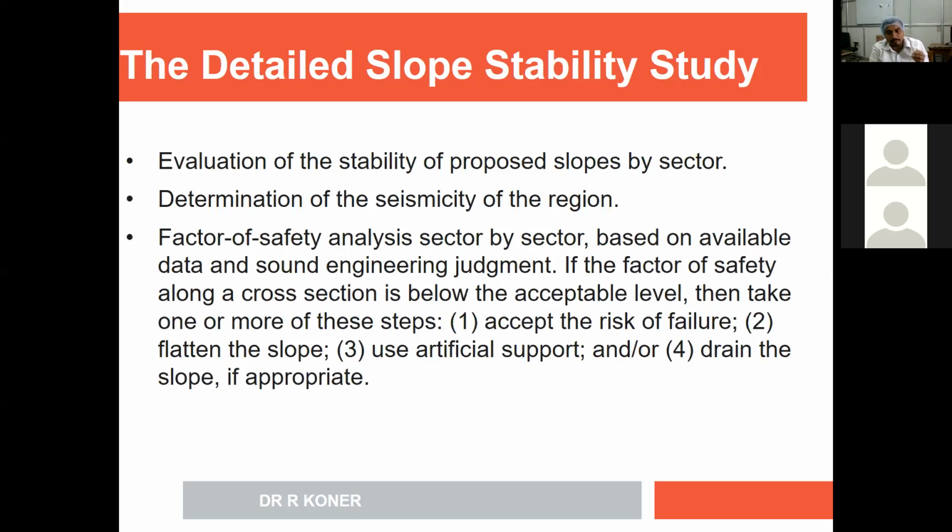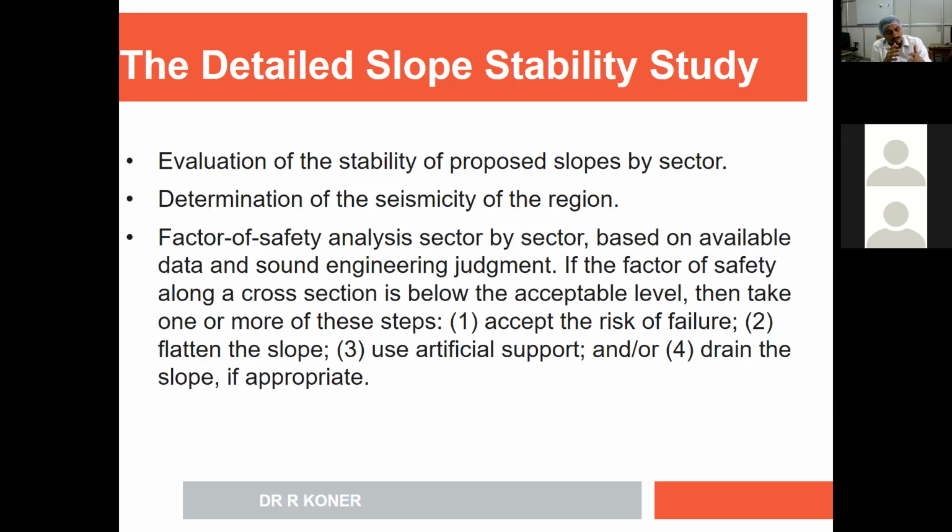Now, after determining based on the data, suppose the factor of safety is less than 1 for a case. Sometimes you have observed less than 1. Sometimes it is pretty close to 1, maybe greater than 1, but not more than 1.05 or 1.1. So this second stage is very critical. In this stage, you have to assess the risk of failure.